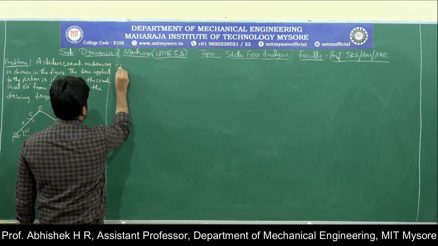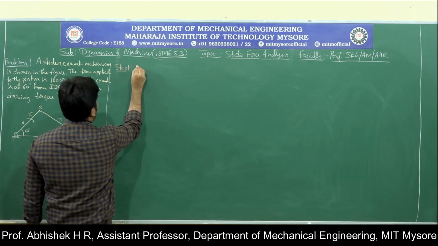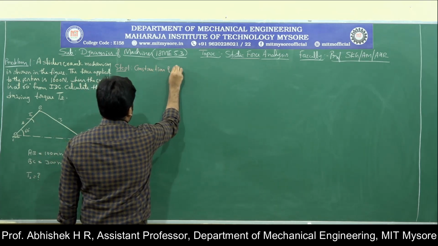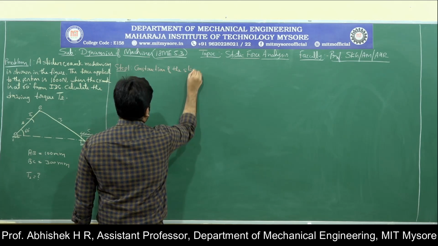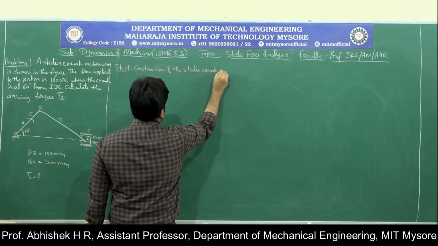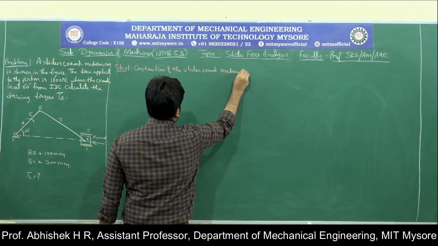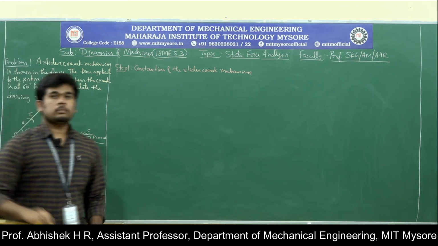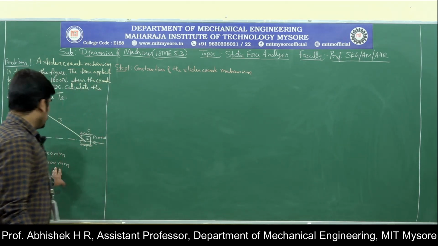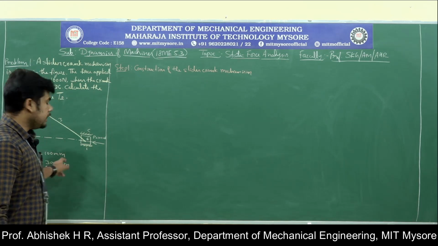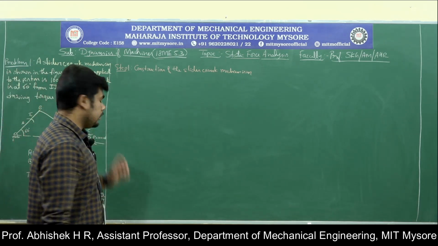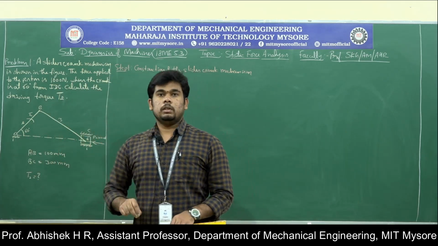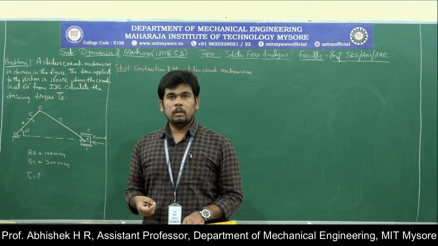This is step 1, construction of the slider crank mechanism. Now use your scale and the distance values, but these are in mm, 100 mm and 300 mm. So you need to convert those distance values into a proper scale.